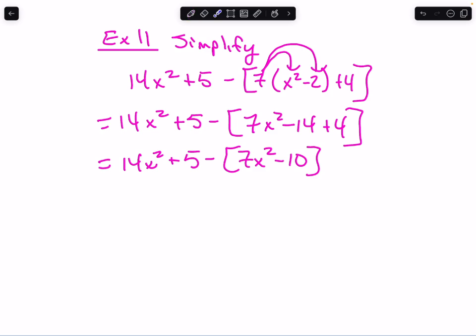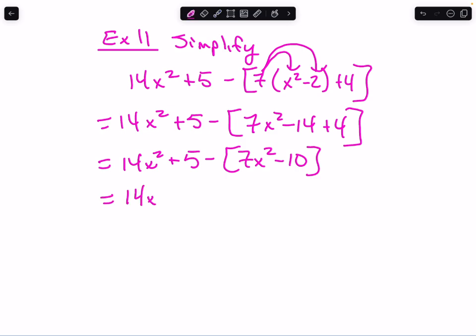Now at this point, it's important for us to see that we have a negative right here, which is associated with this entire expression. We want to subtract off this entire thing, so we can distribute that negative to the 7x squared and to the negative 10, and when we do that, we'll change the signs.